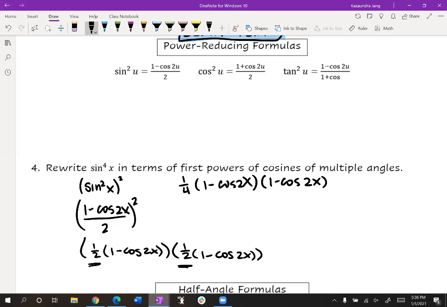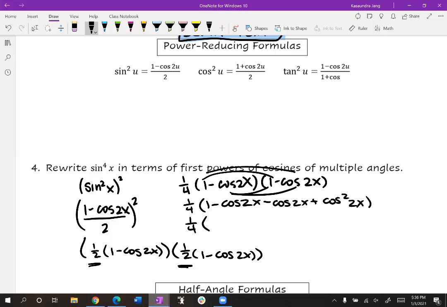If I do my distributing, I'll leave this 1/4 here for a sec. If I do my distributing, I get a 1 minus cosine of 2x, and then I get minus another cosine of 2x, and plus cosine squared of 2x. Okay, combine these here, 1 minus 2 of the cosine 2x's, the cosine squared of 2x.